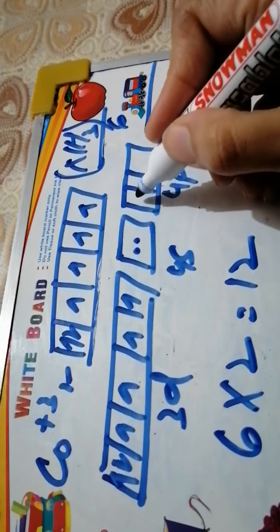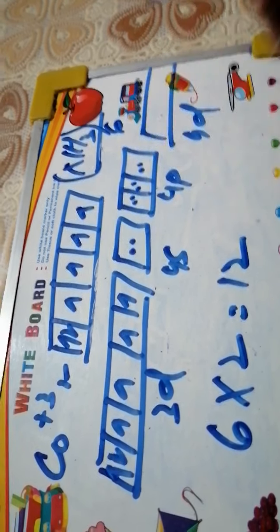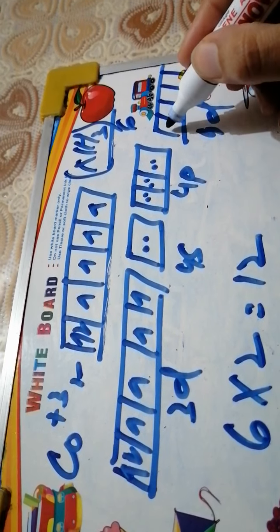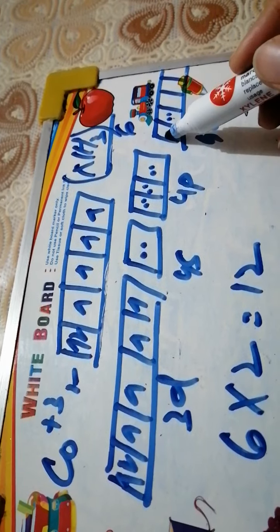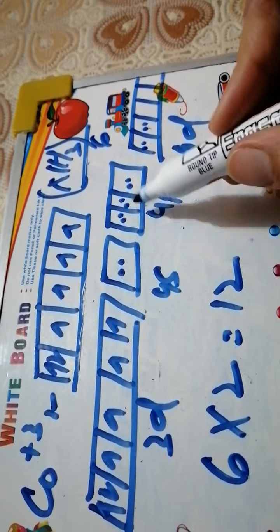1 2 3 4 5 6 7 8 9 10 11 and 12, right? You see, we have occupied the 6 subshells because we have 6 ligands and 12 electrons are filled there. 1 2 3 4 5 and 6.